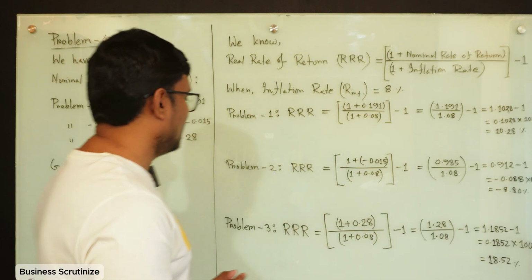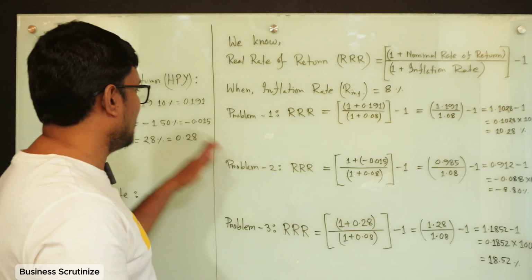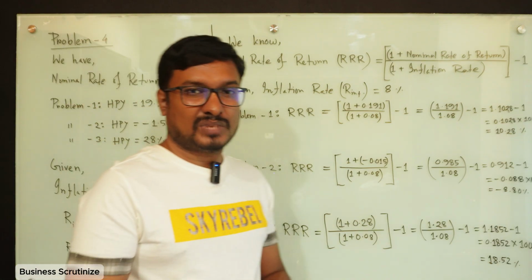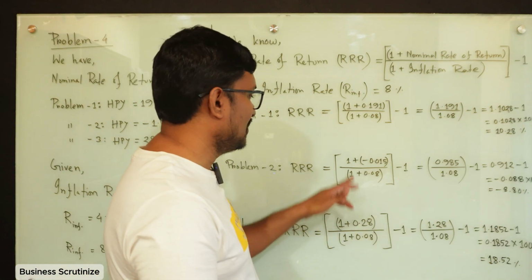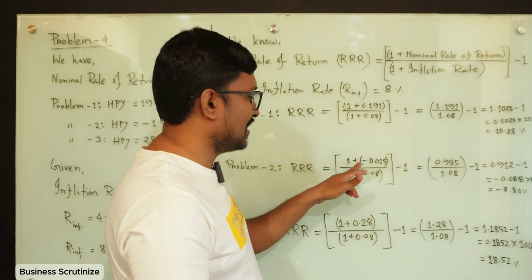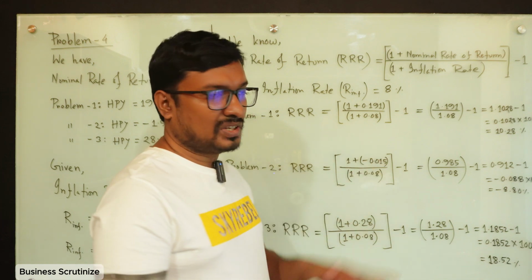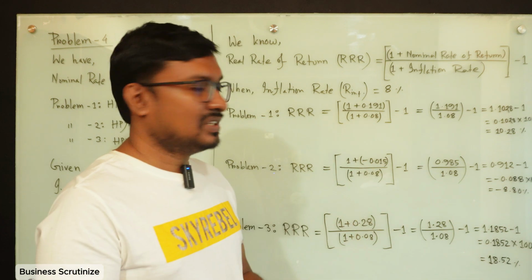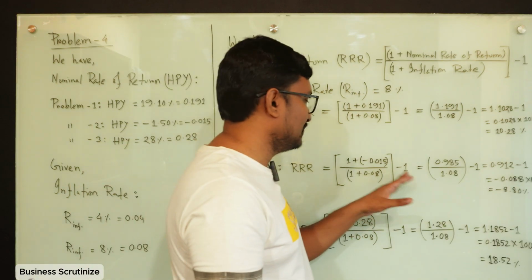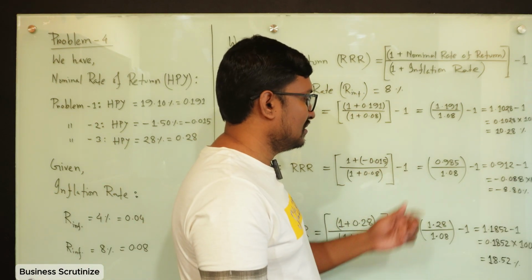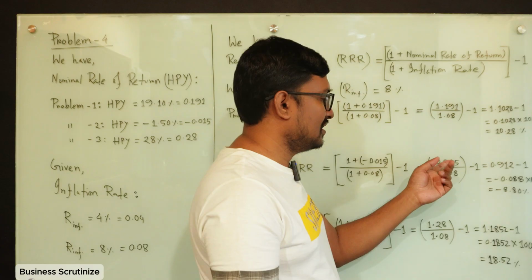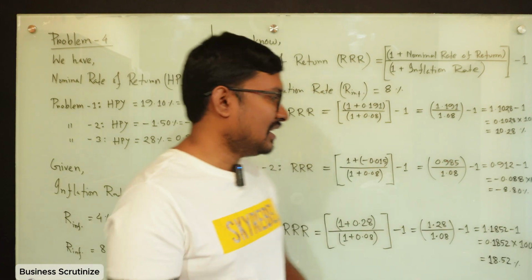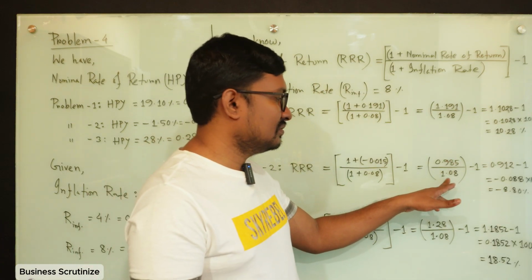In problem number 2, when the nominal rate of return is minus 1.5%, we write 1 plus minus 0.015 over 1 plus the inflation rate of 8%, minus 1. After summation we have 0.985 in the numerator and 1.08 in the denominator.